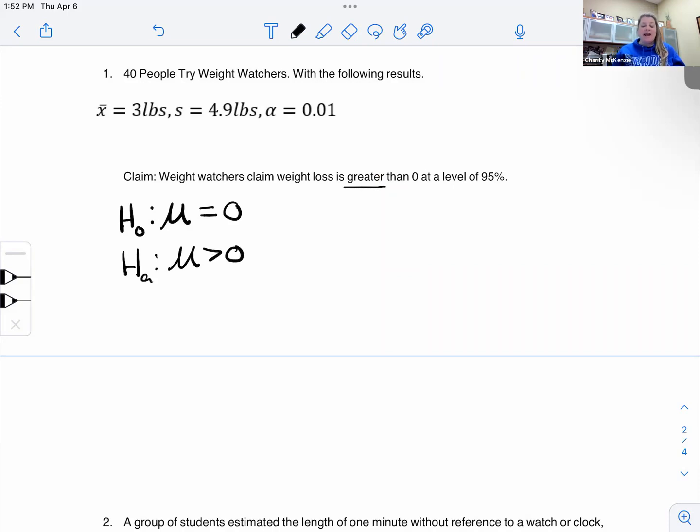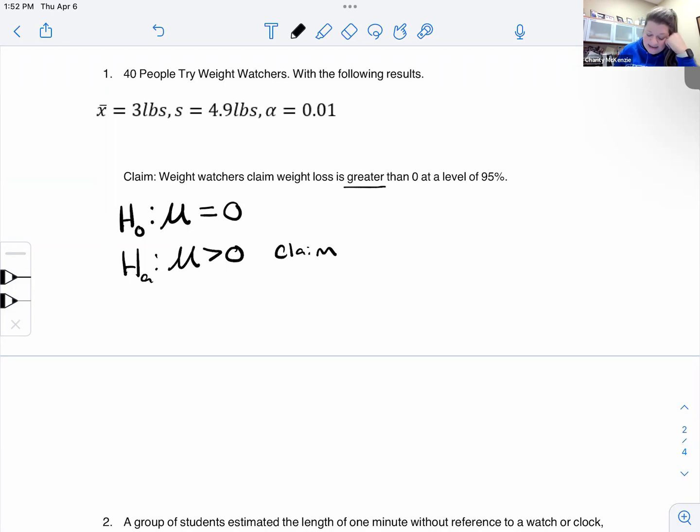Everything in that hypothesis is going to be about your claim, not your sample. So this is our claim here, and it's going to be greater. If we reject the null, so the p-value is low, then we have evidence in favor of our claim.